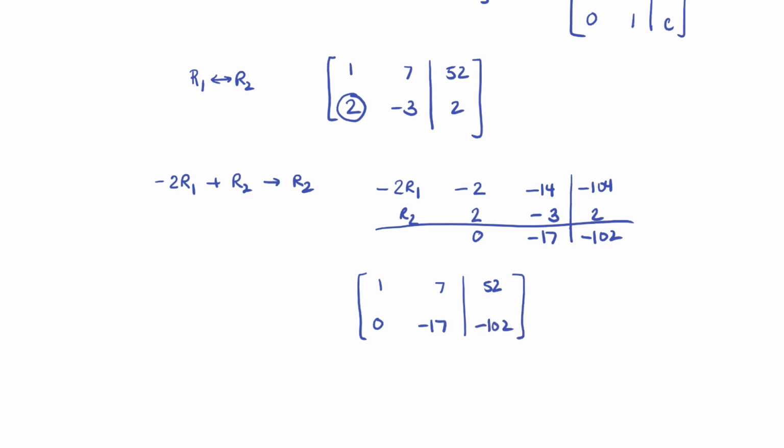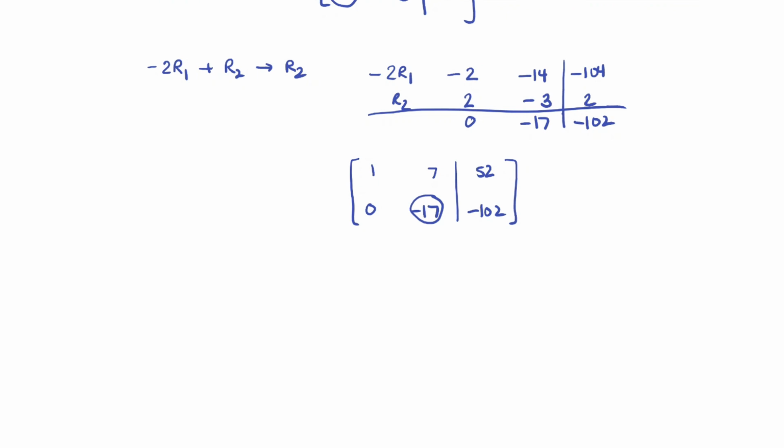Now we're only one step away from having this almost solved. So remember that the next step is that I want this to be a 1. The simplest way to do that is to divide the row by 17, or multiply the row by negative 1 over 17 is the more formal way to do that.